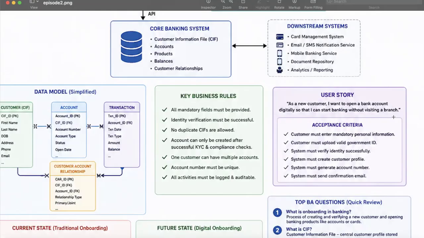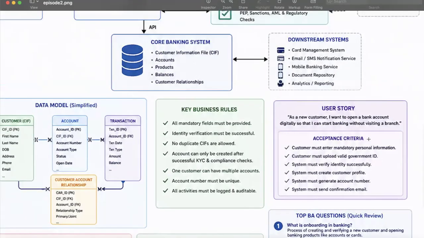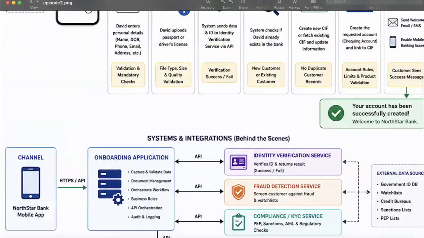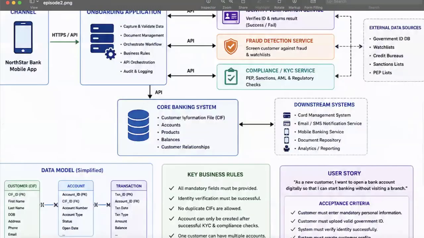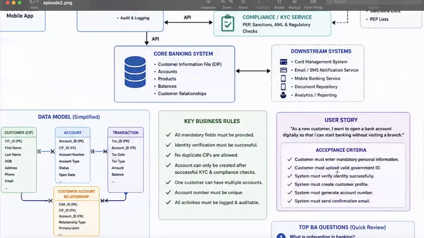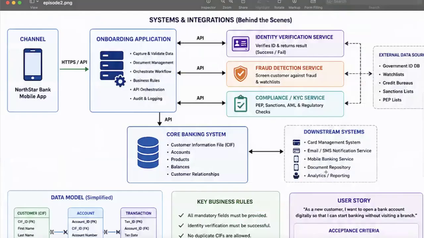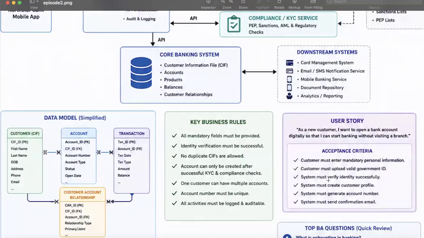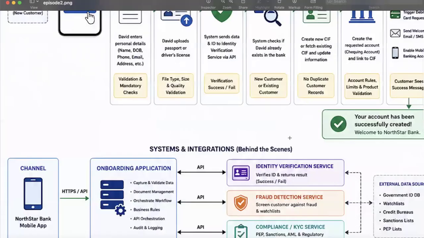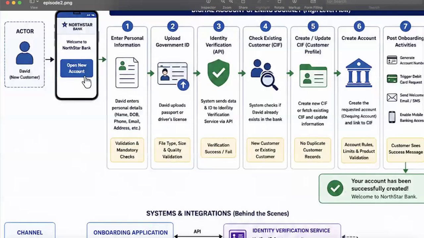So, acceptance criteria. Customer must enter mandatory personal information. Talking about this screen, okay. Customer must upload a valid government ID, step number 2. The system must verify identity successfully. Identity verification, step number 3.